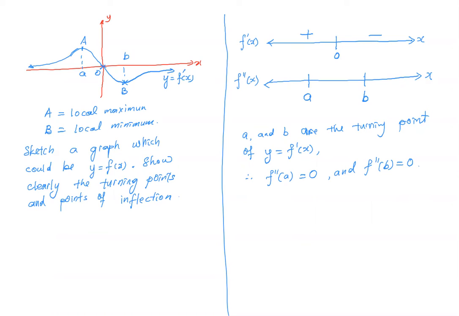Okay, now for x less than A, f prime x is going up. So you have a positive sign. Because f double prime x is the rate of change of f prime x. Am I right?